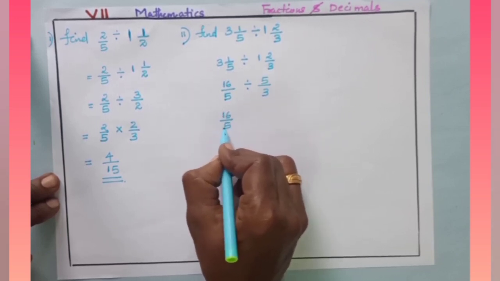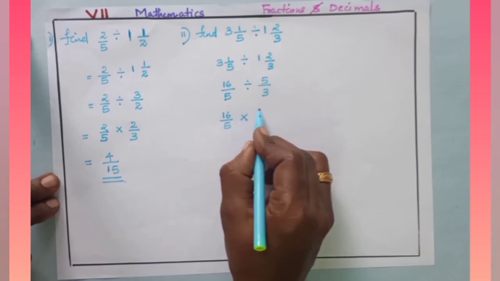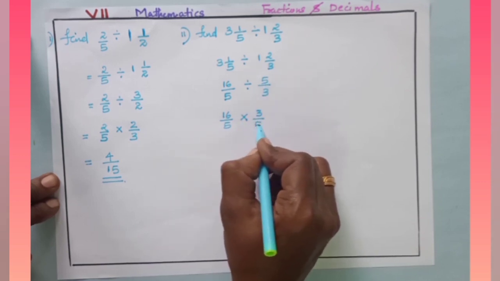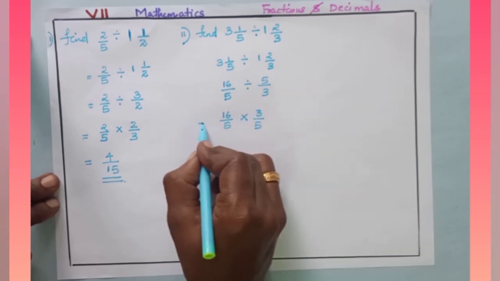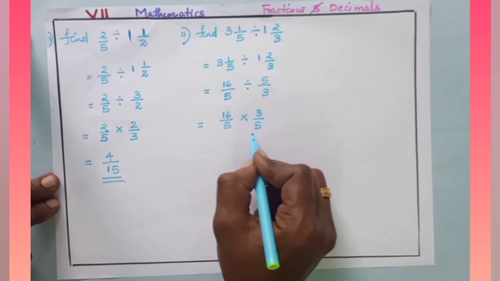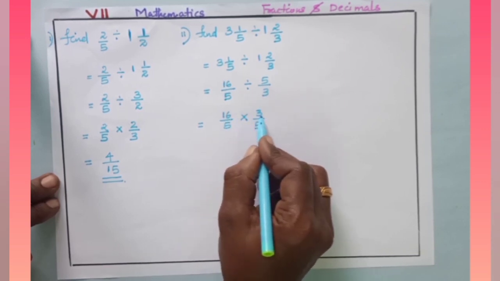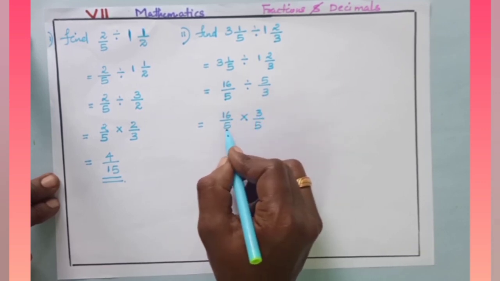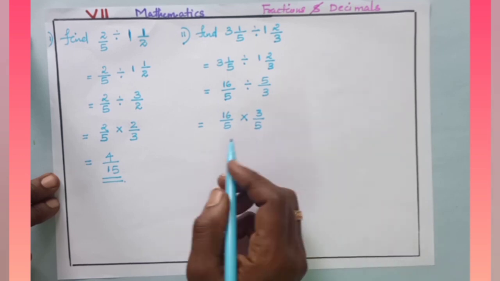Then a fraction divided by another fraction: take the reciprocal of the second fraction and multiply. The reciprocal of 5 by 3 is 3 by 5. Check whether any cancellation is possible here. Not possible. 16 and 3 in the numerators, and denominators 5 and 5, not possible.